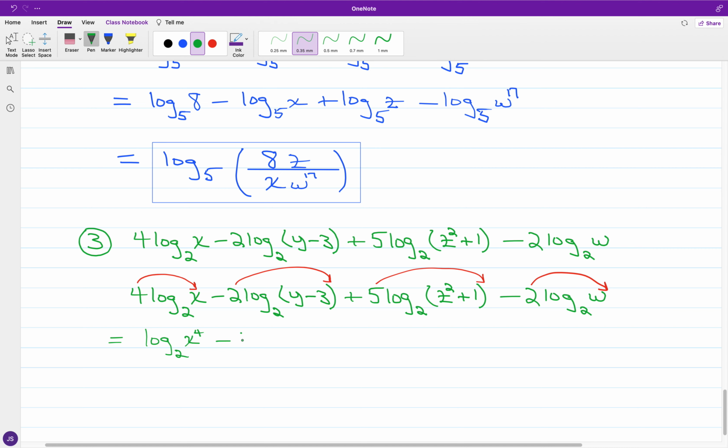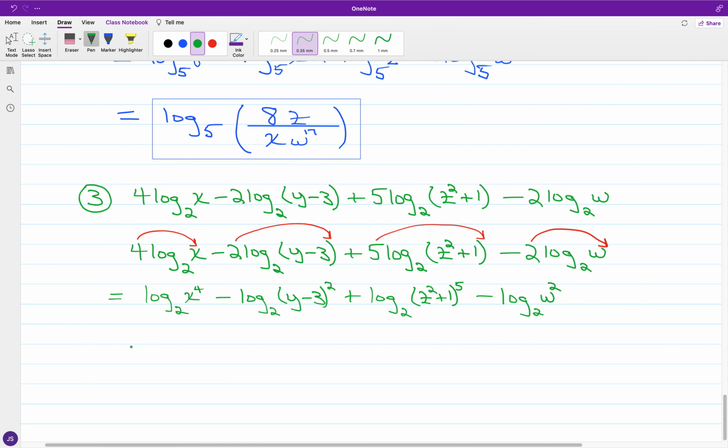Next we have the subtraction, that of the base 2 logarithm of y minus 3 raised to the 2nd. And we have plus the base 2 logarithm of z squared plus 1 raised to the 5th. And we have minus the base 2 logarithm of w to the 2nd. And just converting the pluses and the minuses respectively into terms of multiplication and division.